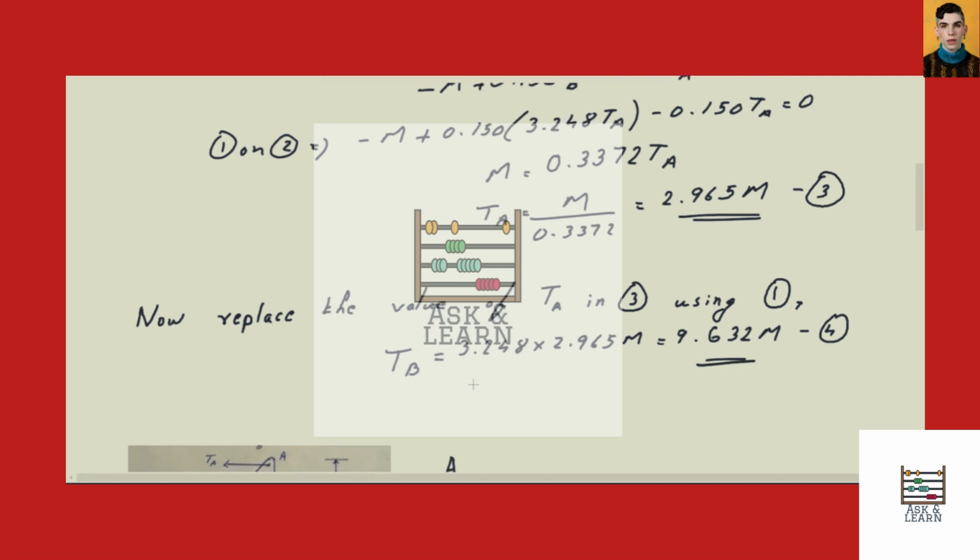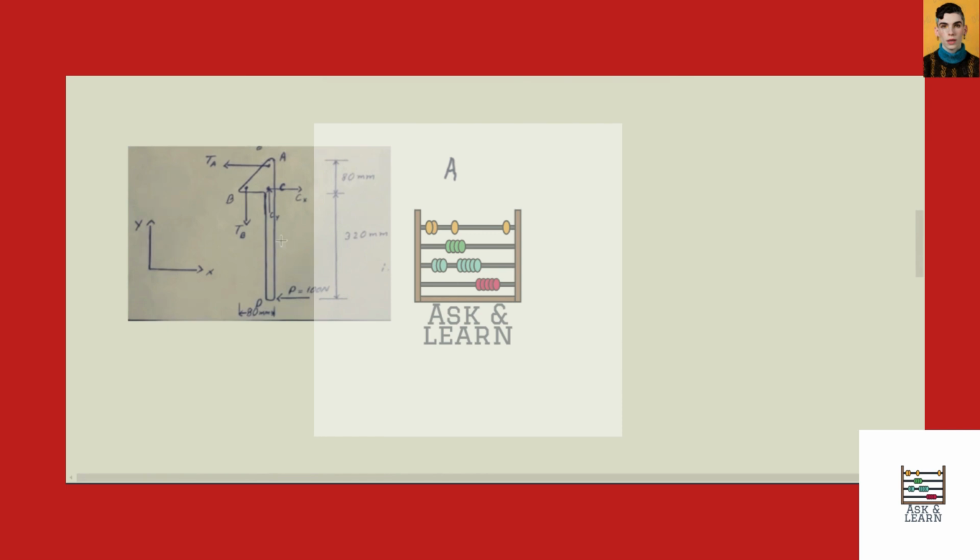So now we are going to draw the free body diagram of the ABCD bar. This looks like the free body diagram of the ABCD bar. All the other values are given in the question itself: the 80 mm, 320 mm, and the 100 Newton.